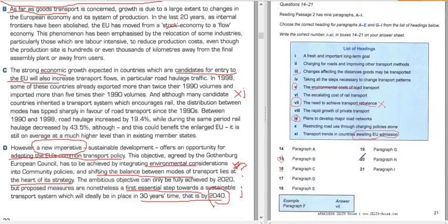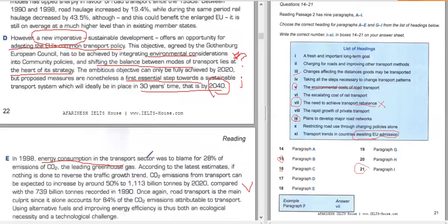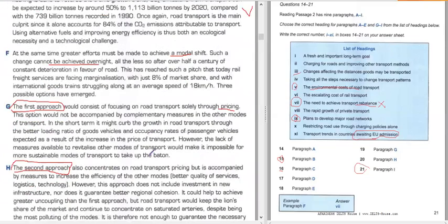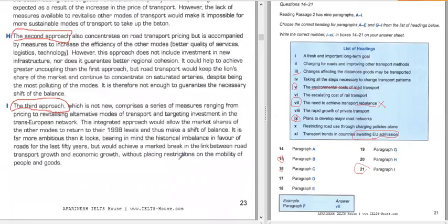The next one, the 21st paragraph I. Which is not new, it's old, comprises a series of measures ranging from pricing to revitalizing alternative modes of transport and targeting investment in the trans-European network.